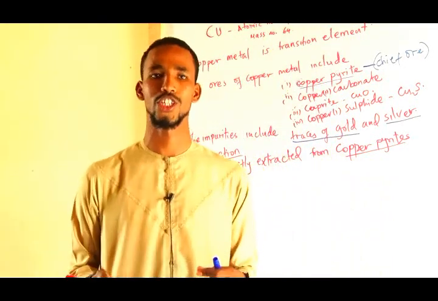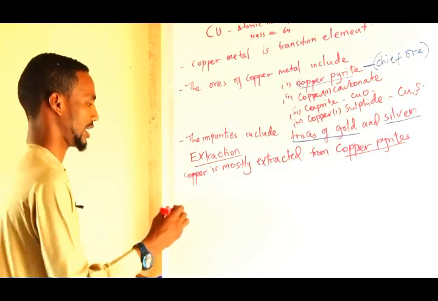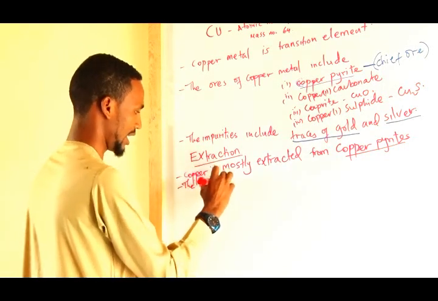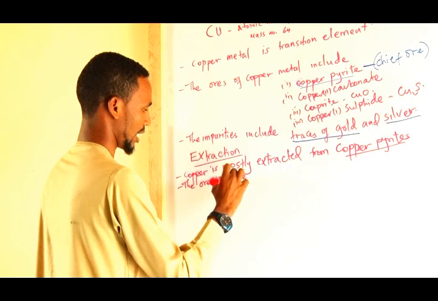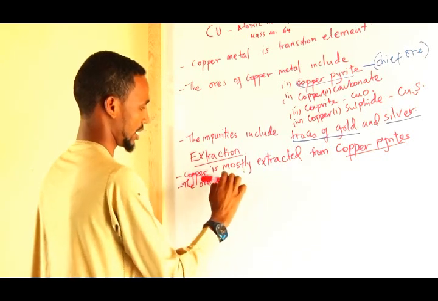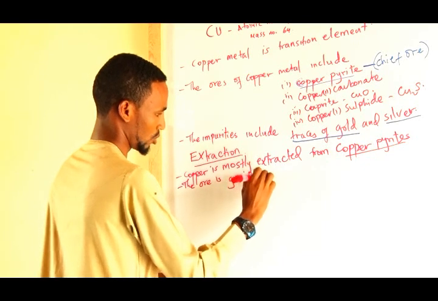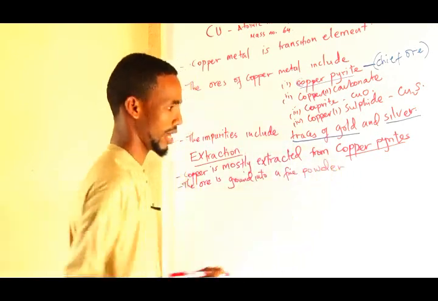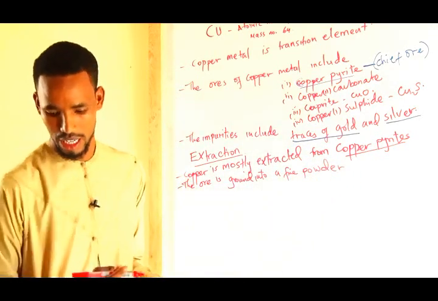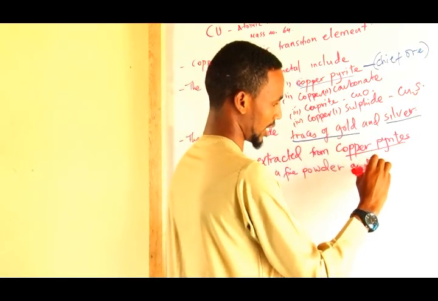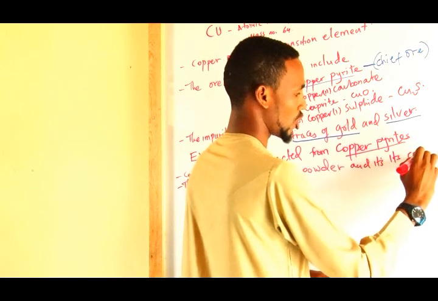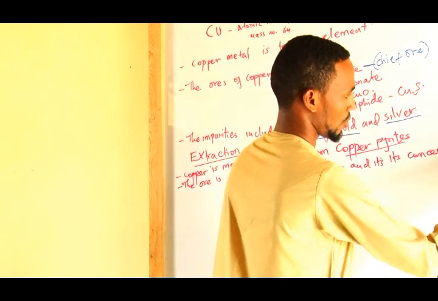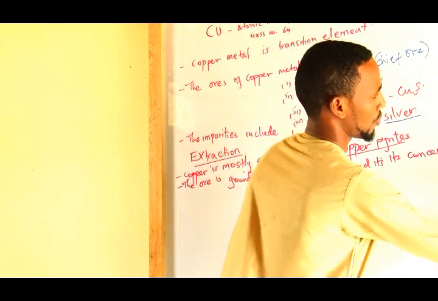The chief ore, copper pyrite, is ground into a fine powder, and it is concentrated by froth flotation.